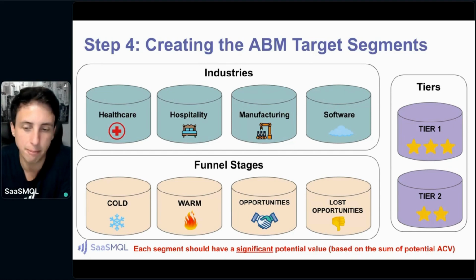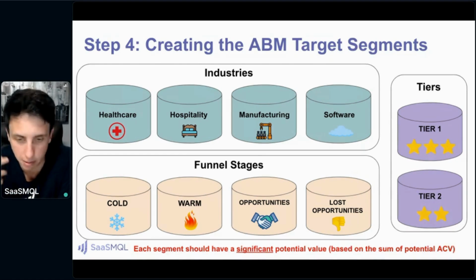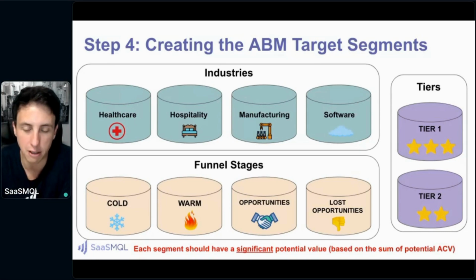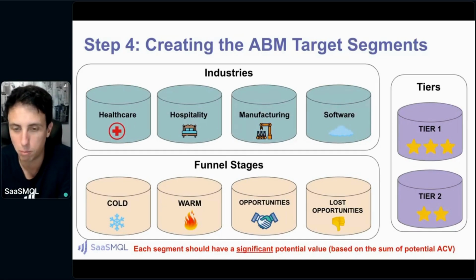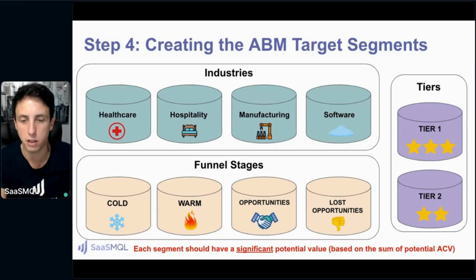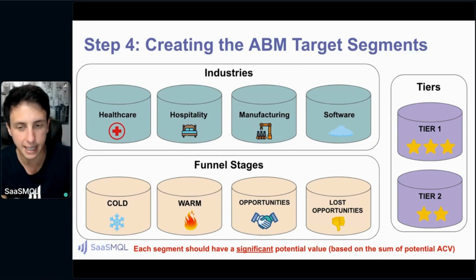So even if they clicked on your website or downloaded a white paper or registered to a webinar or came to an event, it's already warmish, warmer than being cold. Then you have your opportunities, then you have your lost opportunities, then you have your customer, then you have your churn customers.